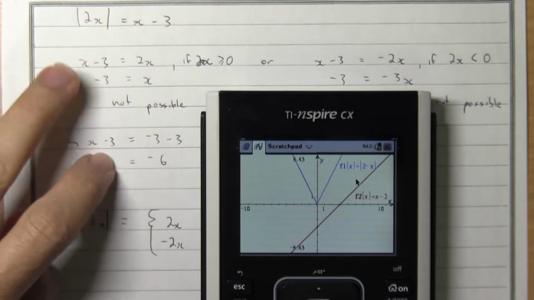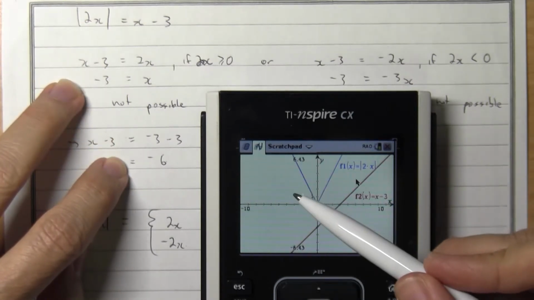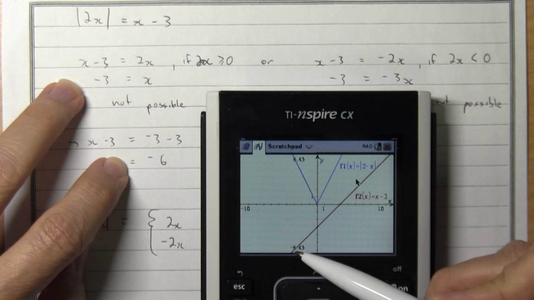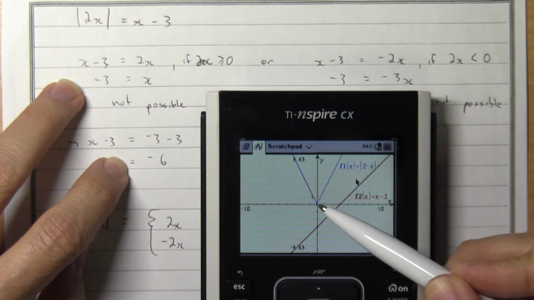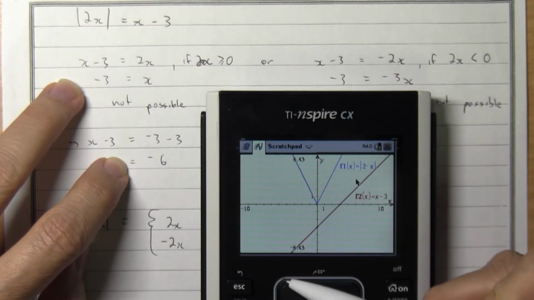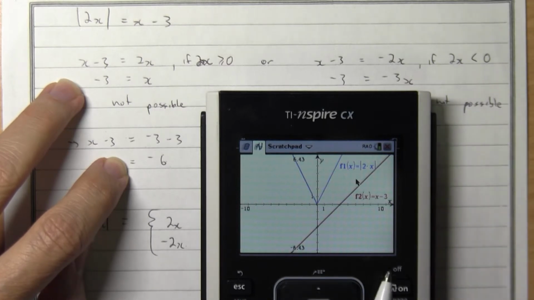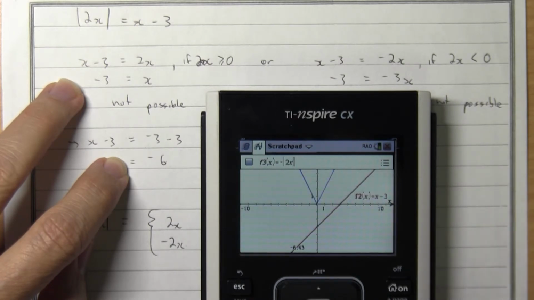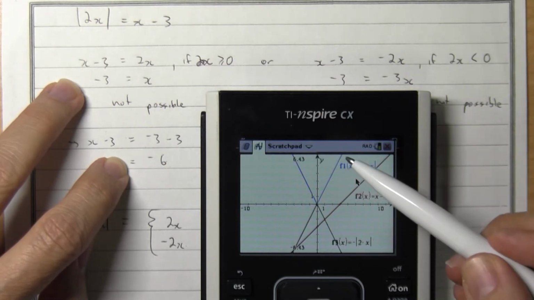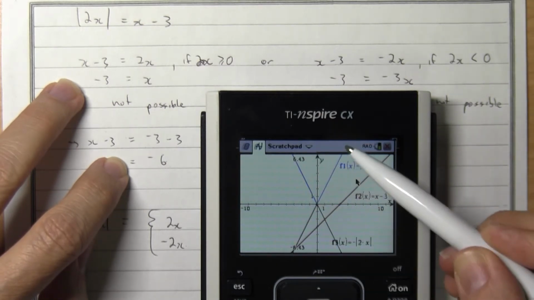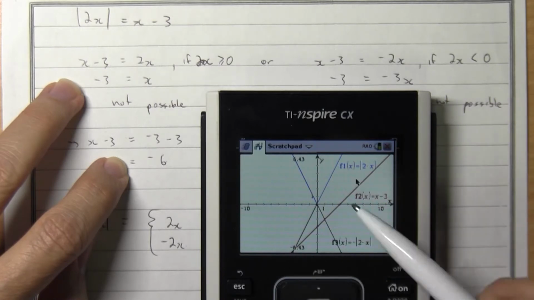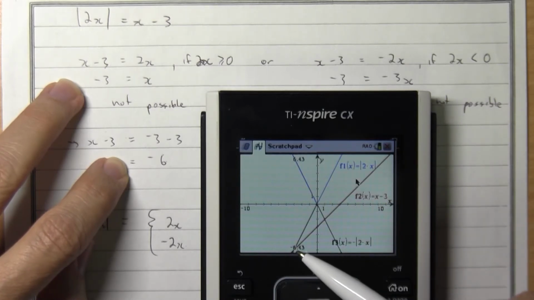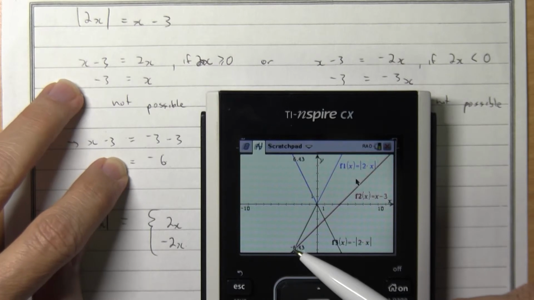But this point here, negative 3, negative 6, would be down here if I were to continue this line down. How can I show you that? Let me draw negative absolute value of 2x, just to show you where that graph's going. So, this line intersects this one here at negative 3, negative 6.